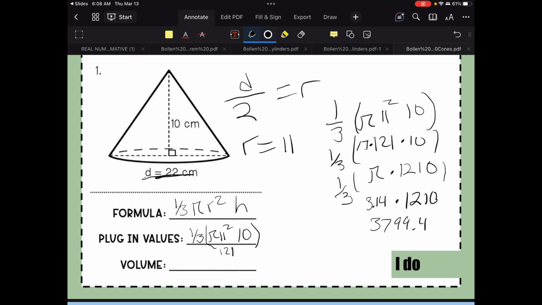And if you divide that by 3 or multiply it by 1/3, you get 1,266.46, and it's actually 6 repeating.